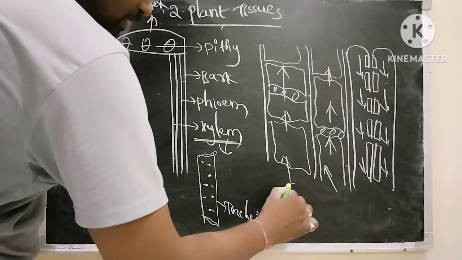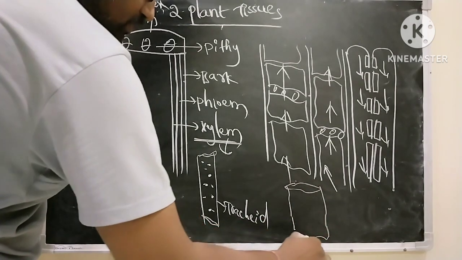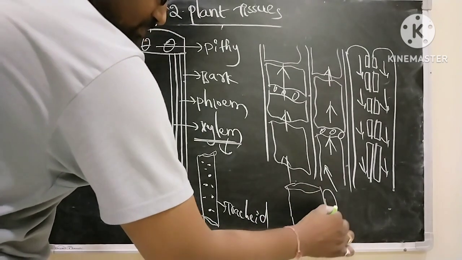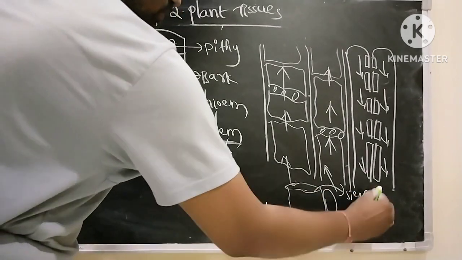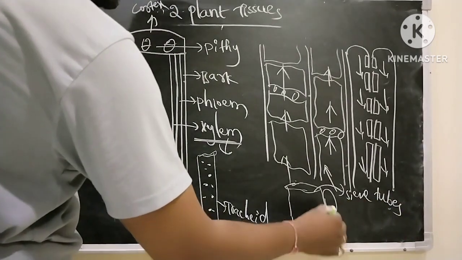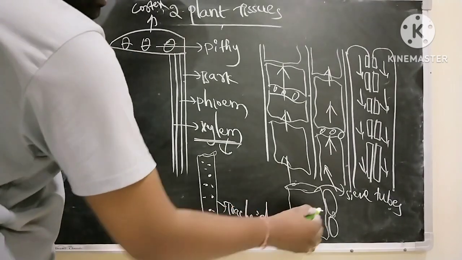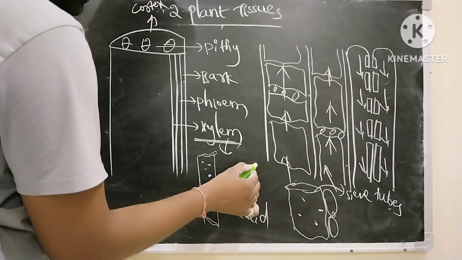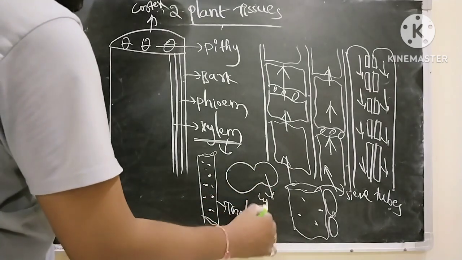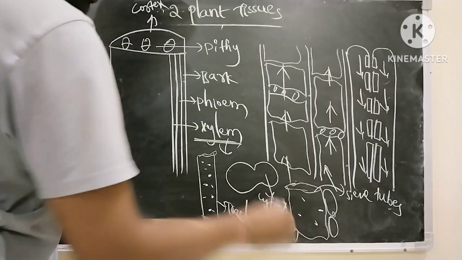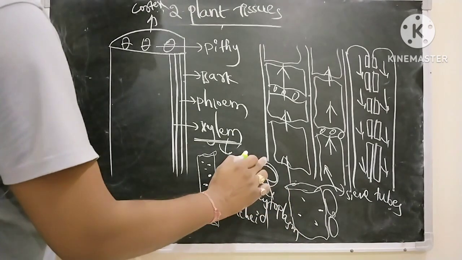And in phloem, we know already companion cells are present. So these are the companion cells, and these are the sieve tubes. They form structures like this that contain cytoplasm with an outer wall.